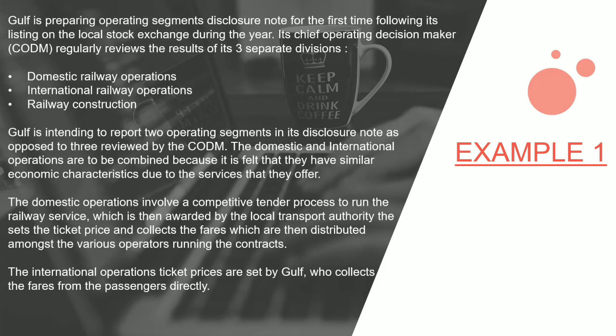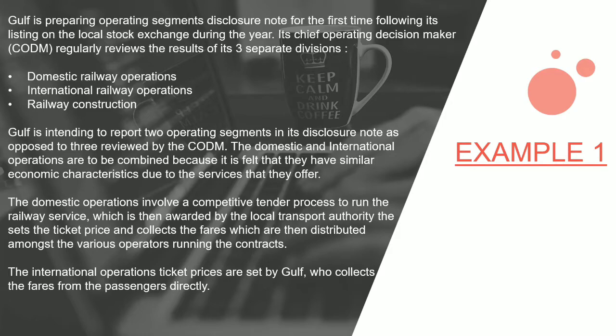Example 1. Gulf is preparing its operating segment disclosure note for the first time following its listing on the local stock exchange during the year. Its chief operating decision maker, CODM, regularly reviews the results of its three separate divisions: domestic railway operation, international railway operation, and railway construction.